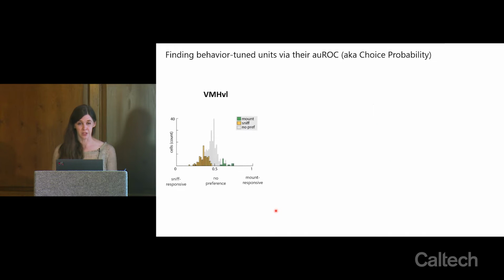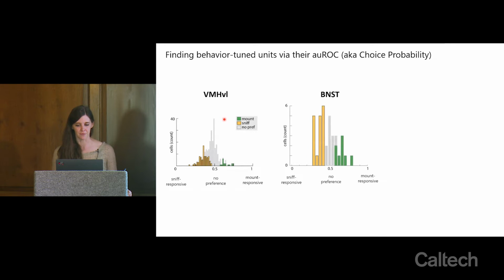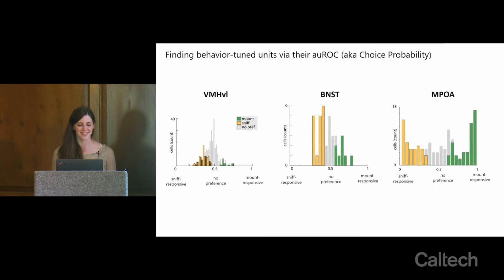The other interesting thing you can do with this kind of analysis is you can compare different brain areas. So if we have a histogram of choice probabilities of neurons in VMHVL, this aggression-related area, we can compute a similar histogram for other brain areas, and we can see that sometimes you have things that look very similar to each other.